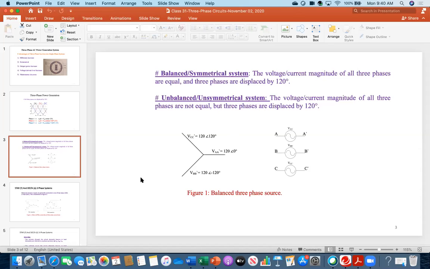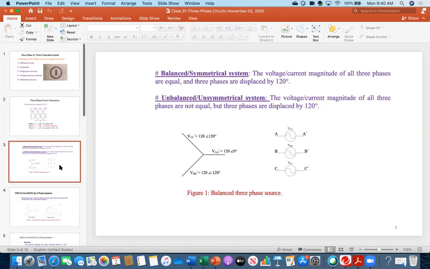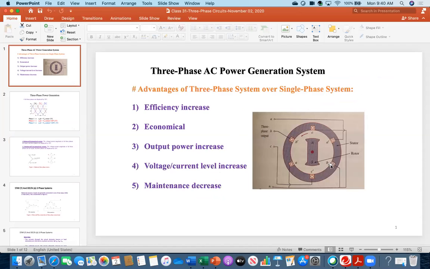Now because it is the three-phase system, you see, here I was showing you this picture: A prime on one set of coil, B prime on the second set of coil, and C prime on the third set of coil. Now, because there are three sets of coils, you don't know in this construction how they are connected.